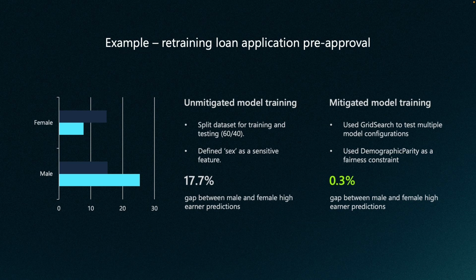So the combination of those things, fairness, grid search, and demographic parity, then SHAP and LIME, meant we were able to not only create an unmitigated model, then mitigate it using demographic parity and grid search, but then also document the model by using SHAP and LIME.